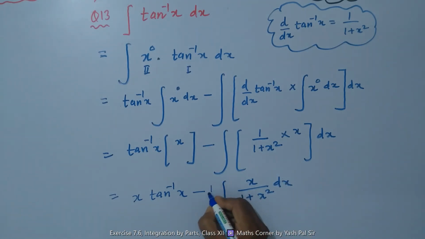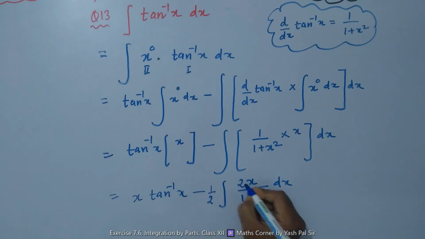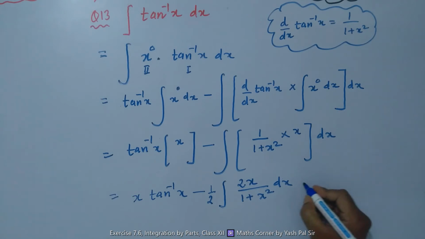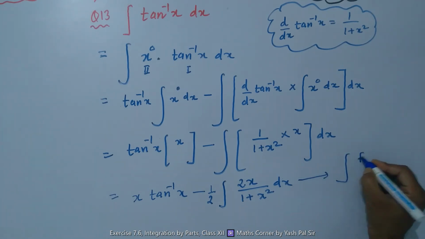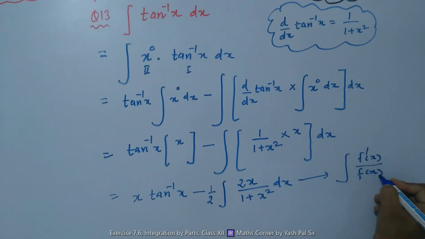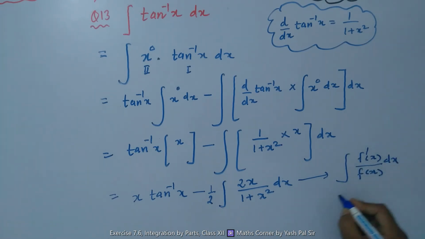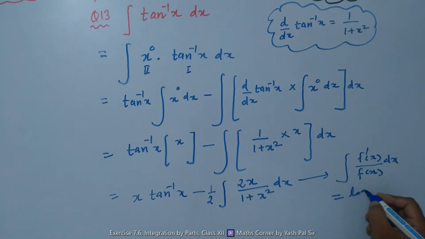Moreover, we can divide by 2 and multiply by 2. So why are we doing this? Because we know one rule of integration: f dash x divided by f of x, the answer will be log of f of x plus c.